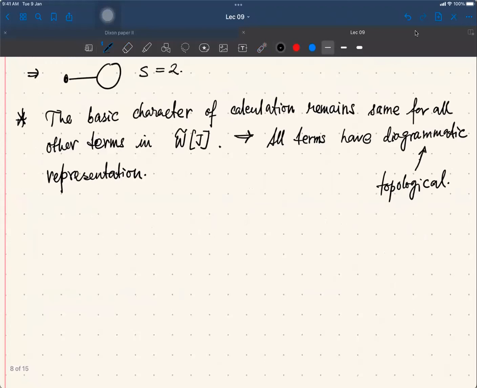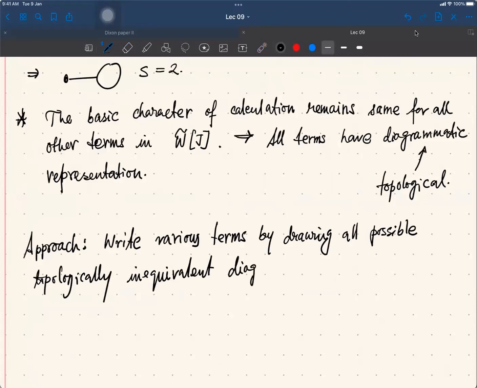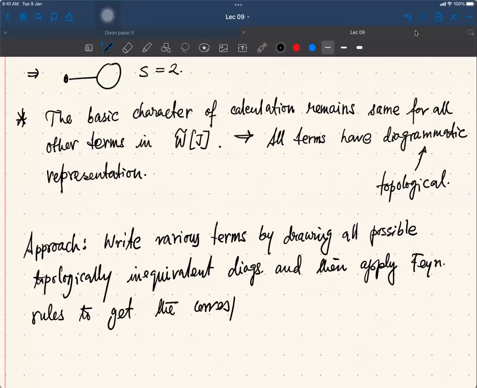So the approach is to write various terms by drawing all possible topologically inequivalent diagrams, and then applying Feynman rules to get the corresponding mathematical expressions.